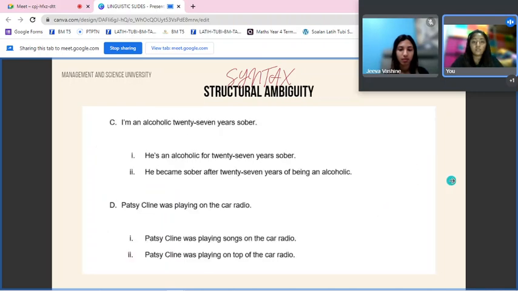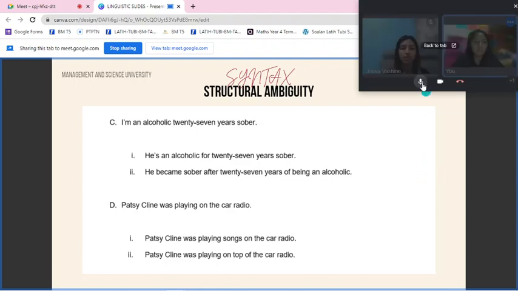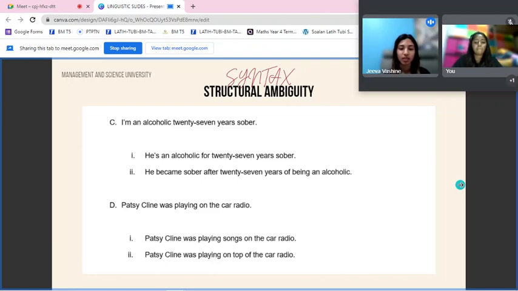Okay, moving on to the next, structural ambiguity, which will be presented by Jiva. Structural ambiguity is a kind of ambiguity which occurs when a phrase, clause, or sentence can be given two or more different interpretations as a result of the arrangement of words, which is the structure.